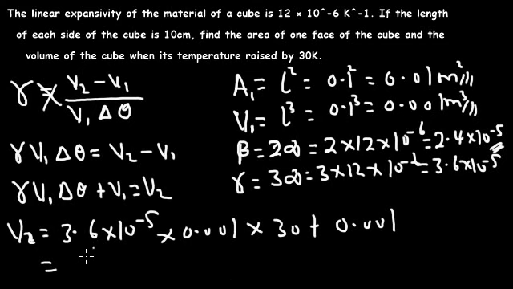Perfect. Now we have the volume to be equal to 0.00108 meter cube. So this is the volume of the cube when the temperature is raised by 30 Kelvin. And with that, we are able to provide the answers to this question.